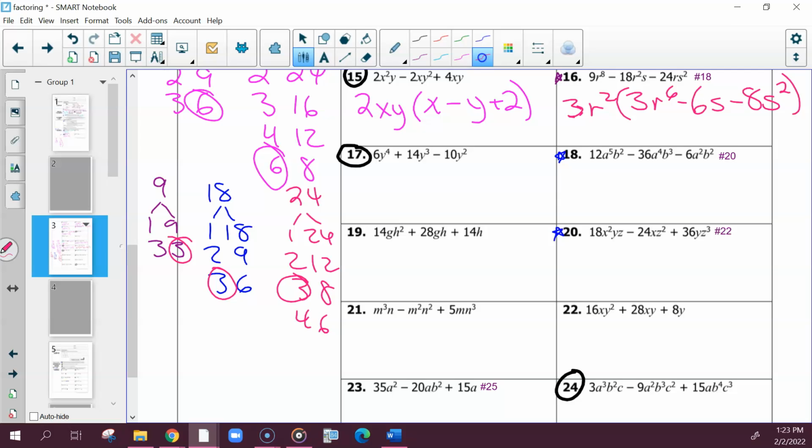Even though I could take something out of 3 and 6, I can't take something out of 8 also. Even though I could take something out of 6 and 8, I can't take something out of 3 also. And then the same thing with the variables. So that would be prime inside, even though it doesn't look like it. It looks like I should take more out, but I can't.